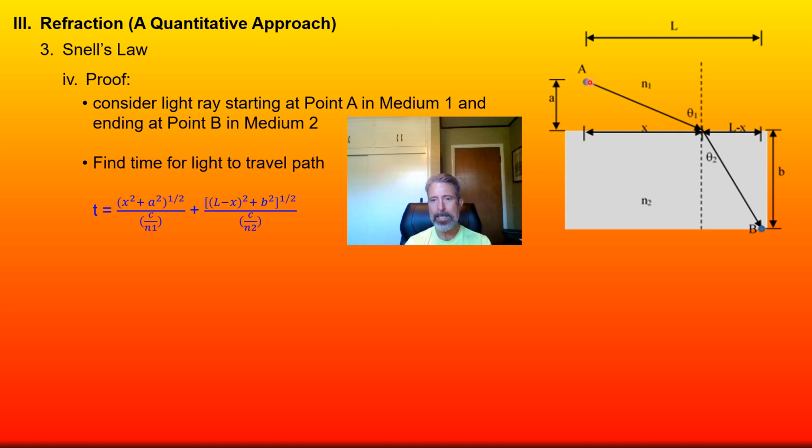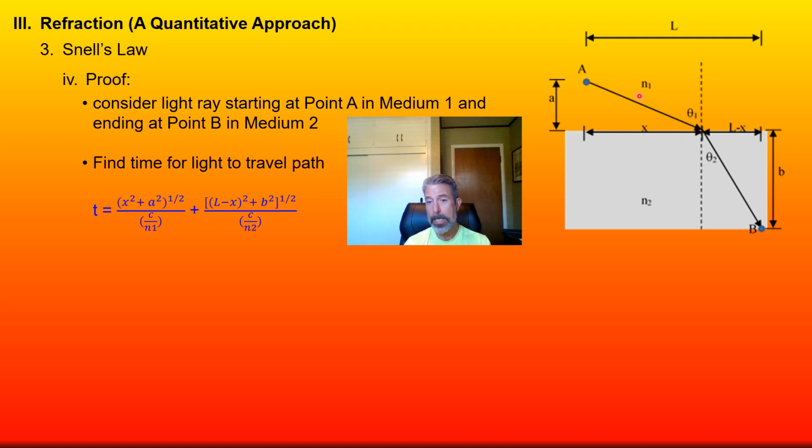The way we get the distance here from A to the interface is just by using the Pythagorean theorem. It's exactly the same expression we got when we applied this to the law of reflection. So distance is just the hypotenuse of this side of the right triangle here.